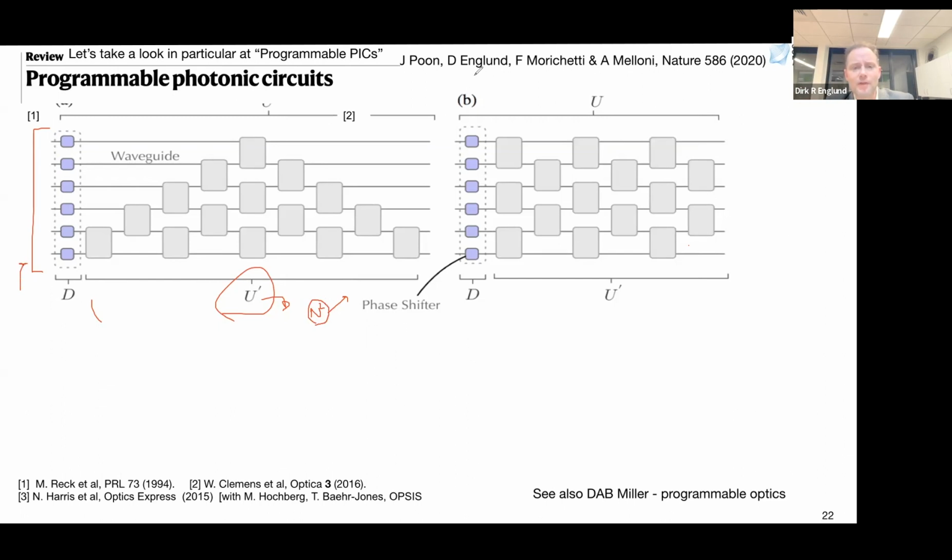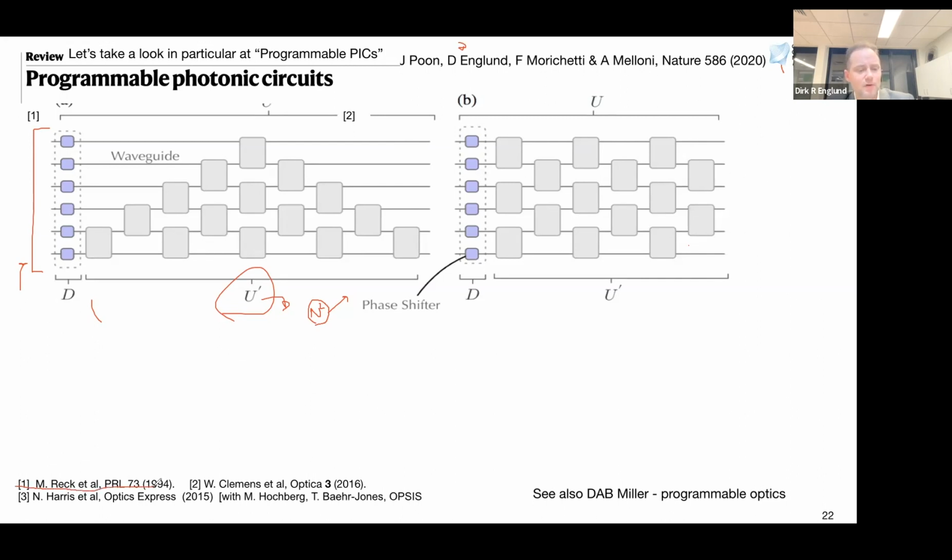But there were a number of other groups that, for one reason or another, also were shooting in that direction. And we actually wrote together a review paper that is cited up here. And actually, in doing this, we found that people had already tried to do this a long time ago, back in the early 90s.